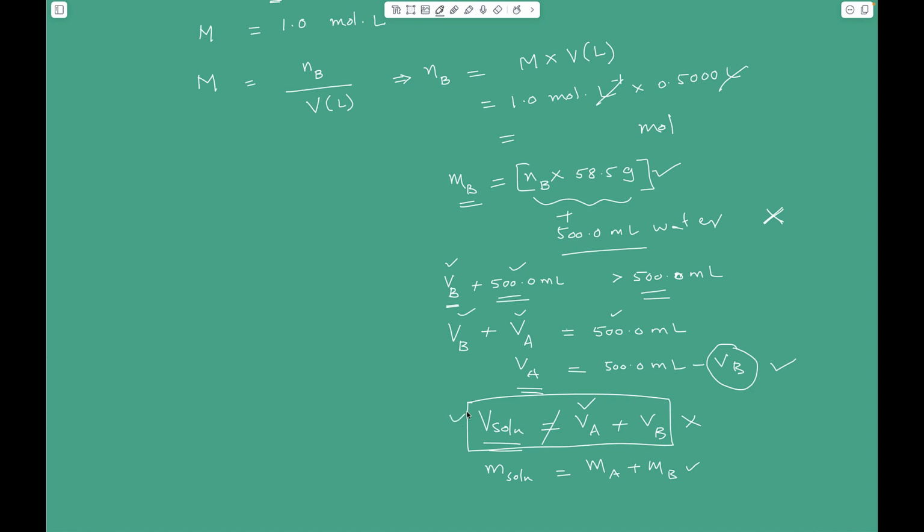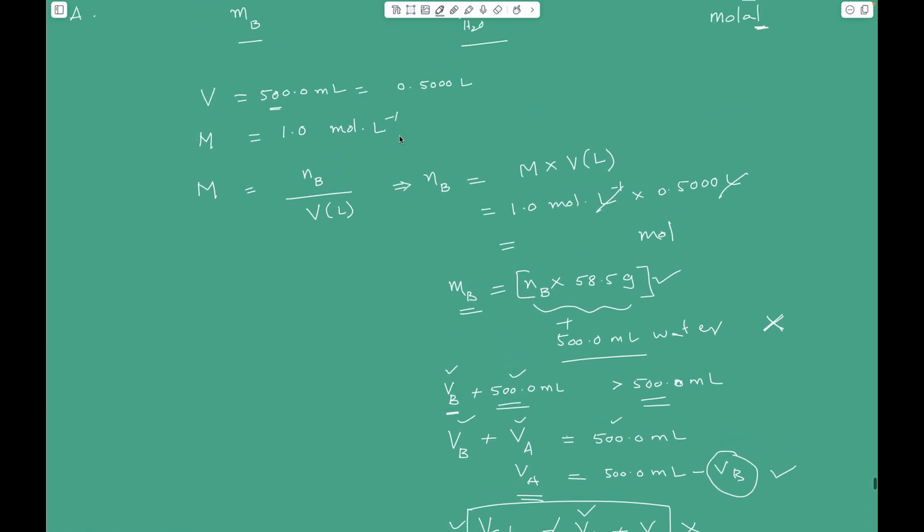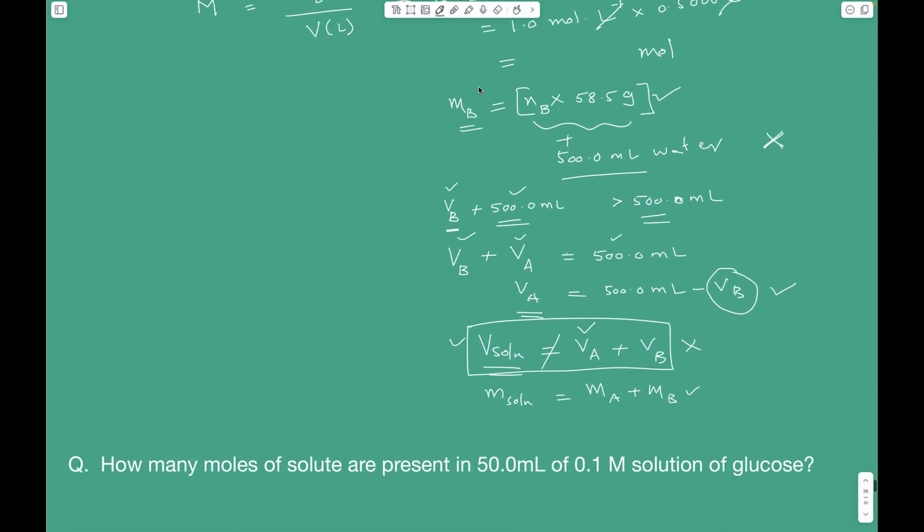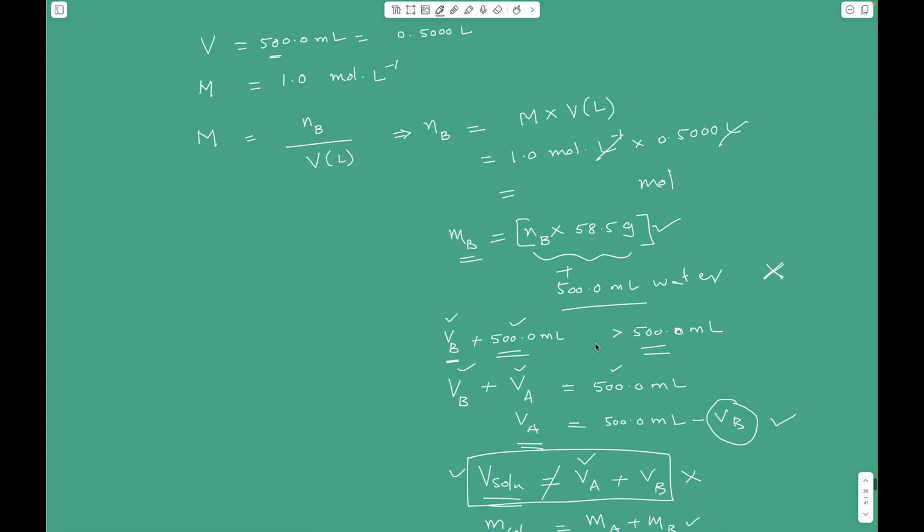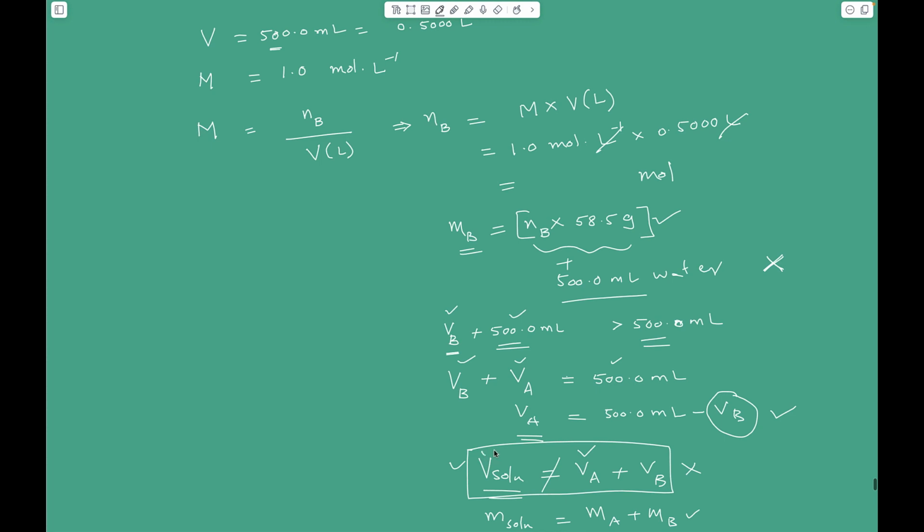So, it entirely depends on the nature of the solute and the solvent, and because there is nothing like a law of conservation of volume, we cannot come up with a relationship between the volume of the solution and the volume of the solvent and the solute. Because of this reason, I cannot tell whether this statement is true or false, or this statement is true or false, or if both are false.